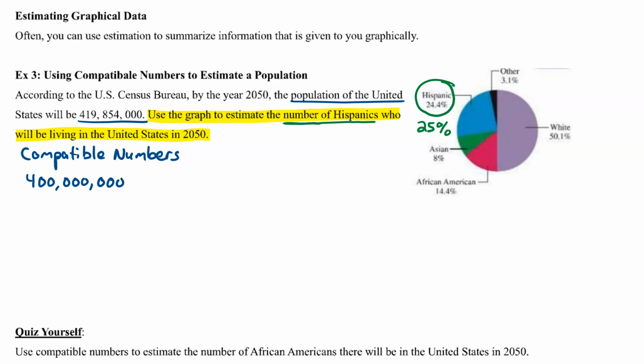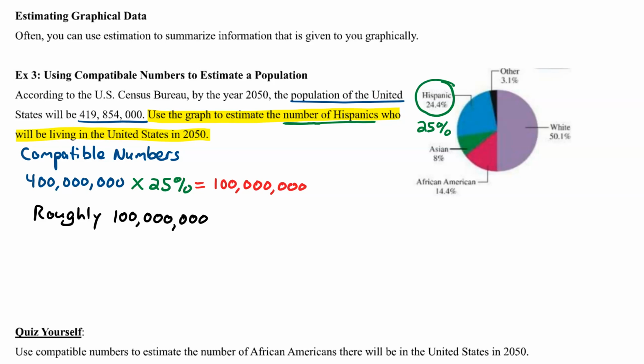So we're doing our 400 million times 25%, and that is going to be approximately 100 million. So by the year 2050, there will be roughly 100 million Hispanics living in the United States.